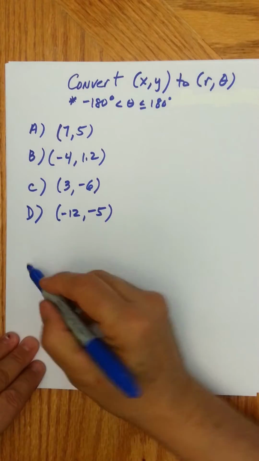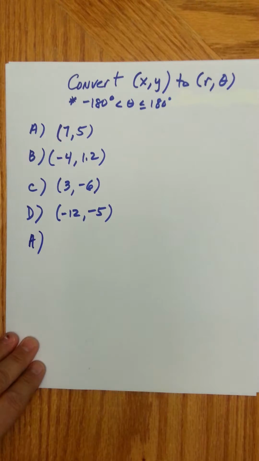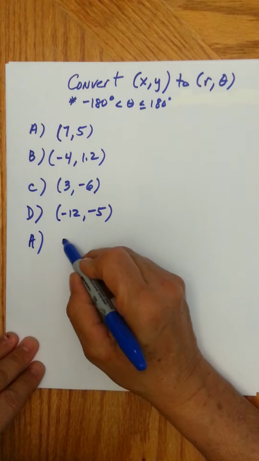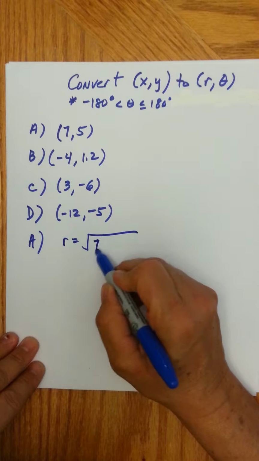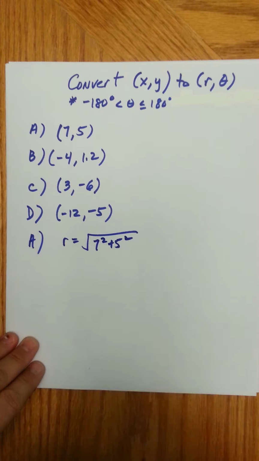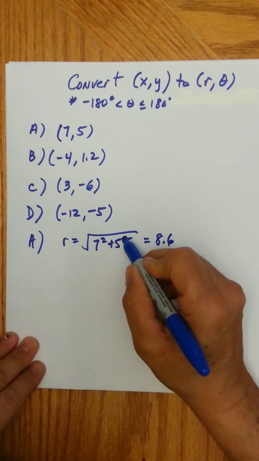All right, so let's take a look at A. So here we're going to have r equal to the square root of 7 squared plus 5 squared, right? And that'll give us 8.6 for the radius.